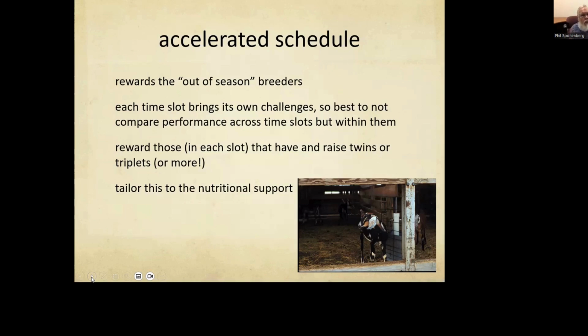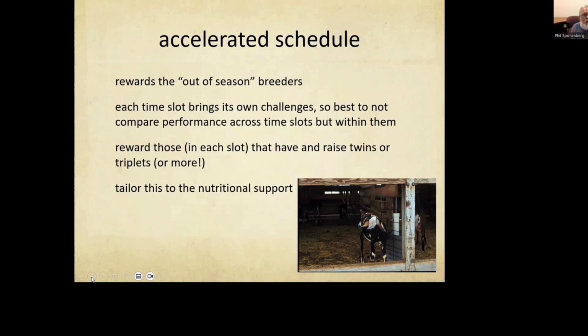That's off season, and so that's a real challenge. Now, what that means is when you're targeting each one of those time slots, that's going to be a challenge to the system. And so you're not going to be able to directly compare the results from a doe that kids in March with one that kids in July, because they're facing different environmental challenges just in the season of the year. And so, be aware of that.